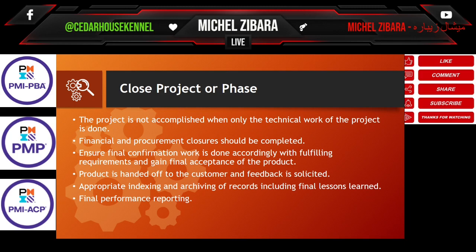That's when the project is said to be accomplished. The project is determined to be done when the product is handed off to the customer and feedback is solicited from that customer. The project is determined closed when appropriate indexing and archiving of records, including the final lessons learned, takes place.